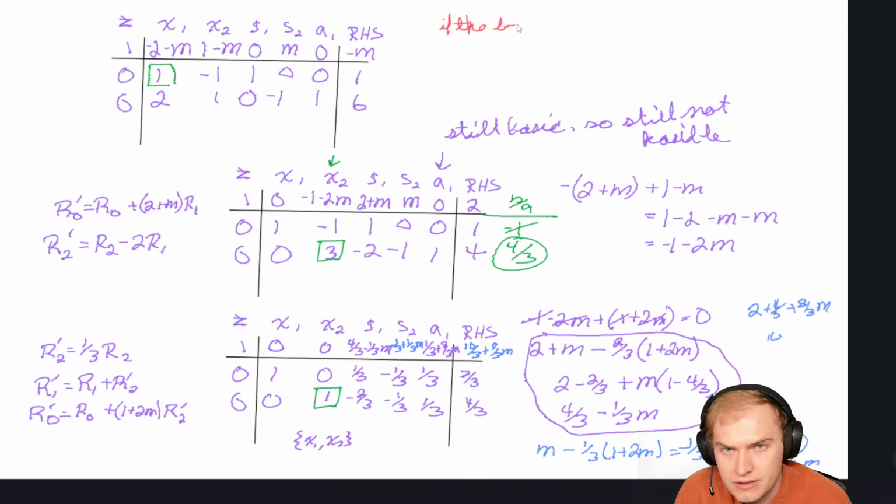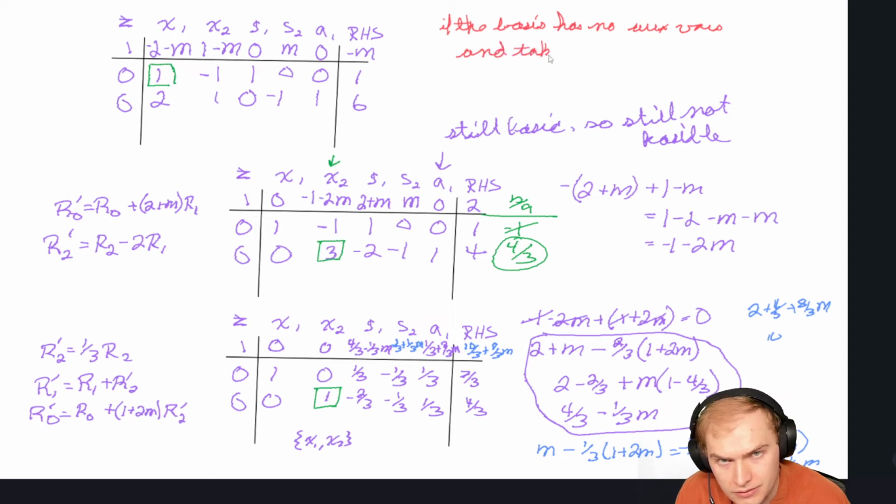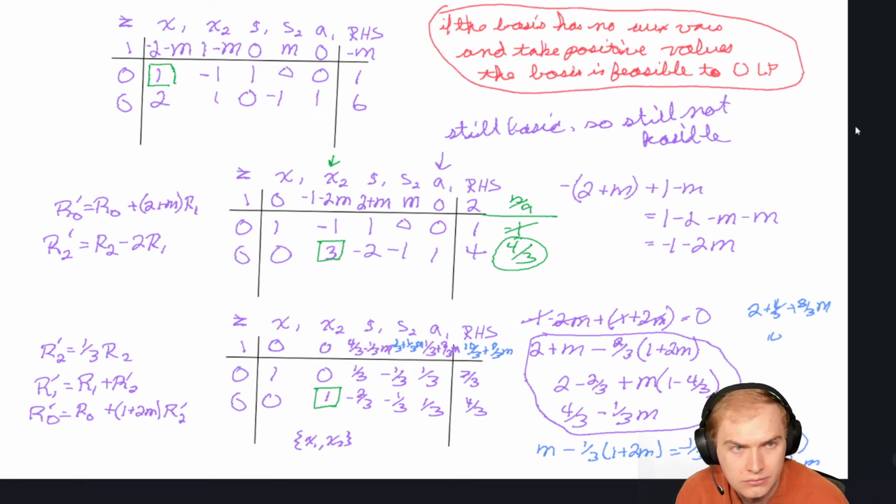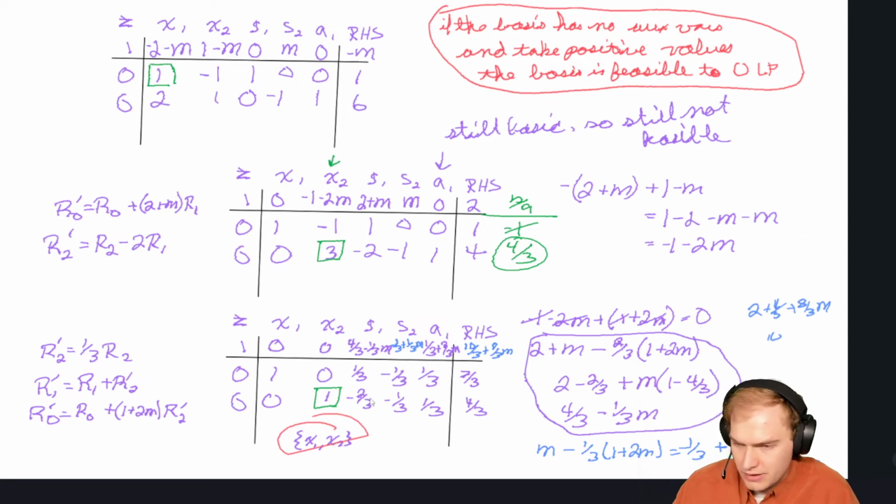If the basis has no auxiliary variables and takes positive values, the basis is feasible to the original LP. And that's what we have down here.